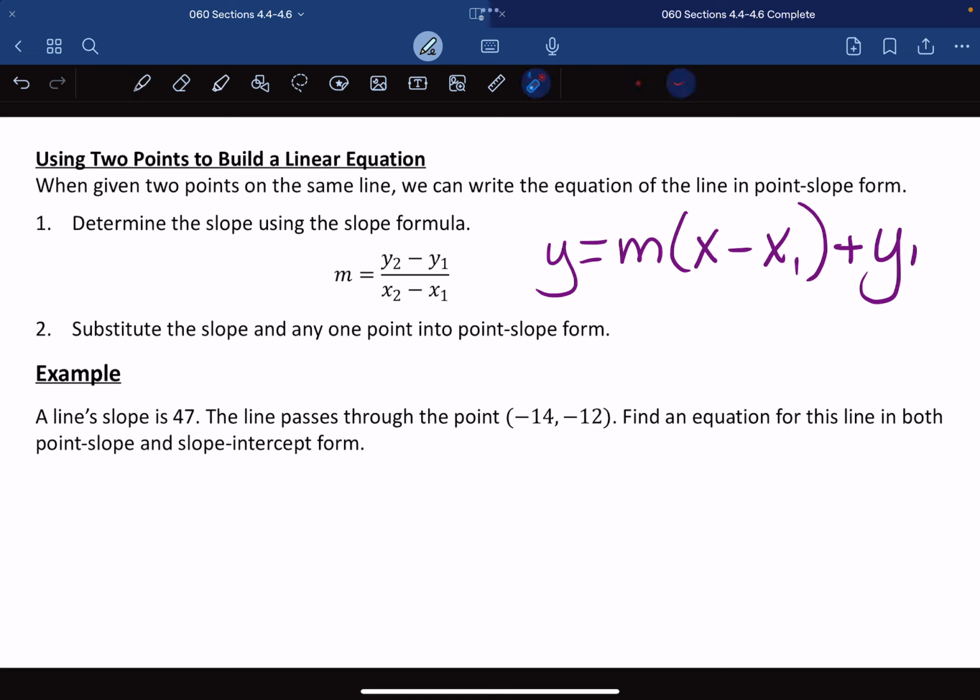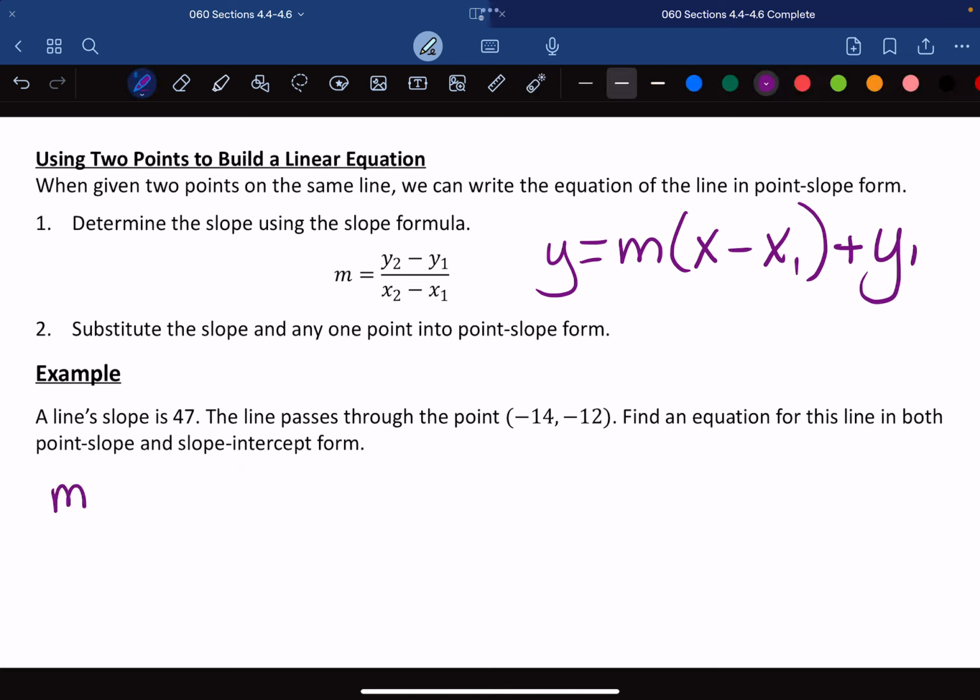That way, when I number my point, I can use the same point I use for 1.1 here as my 0.1 here. The problem says a line's slope is 4/7. The line passes through the point (-1/4, -1/2). Find an equation of this line in both point-slope and slope-intercept form.